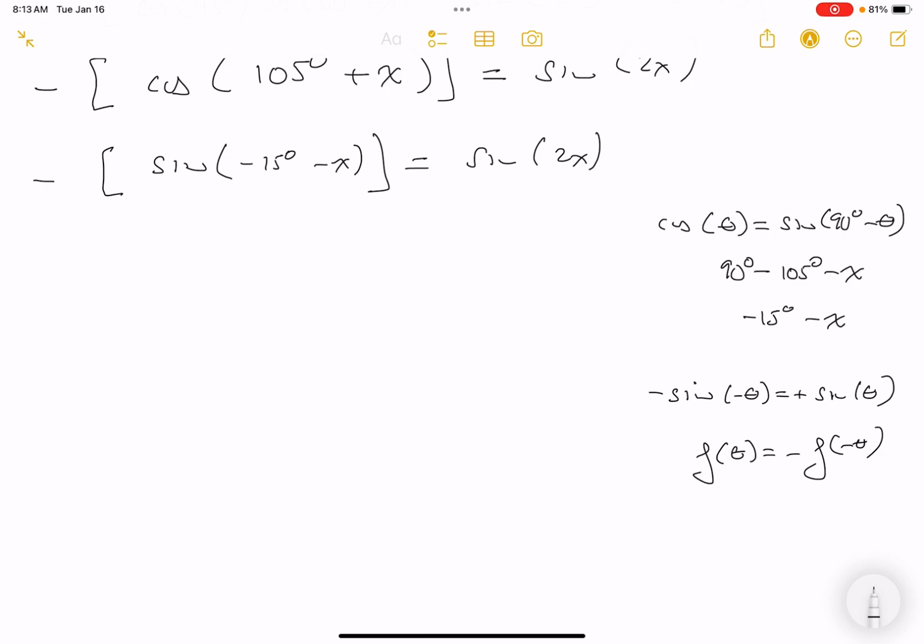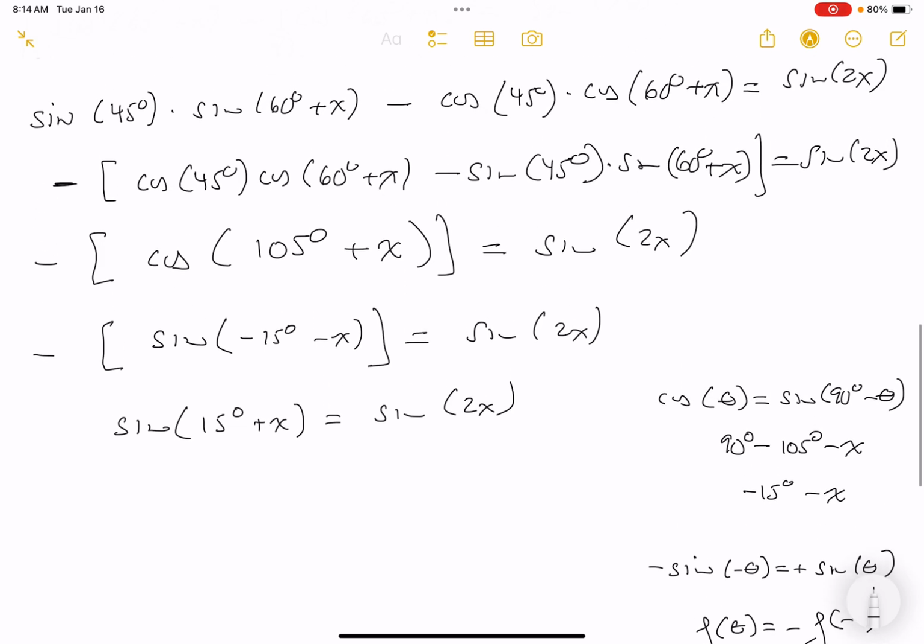Whoops, let me put a plus sign here or there instead. Yeah, I can write this down now. So sine, and I'll double check that, by the way. Minus f of minus theta is f of theta. Yeah, that's what I have. So it's going to be 15 degrees plus x. That's the opposite of that angle. Is going to be the sine of 2x.